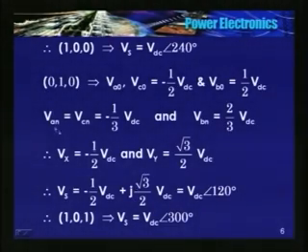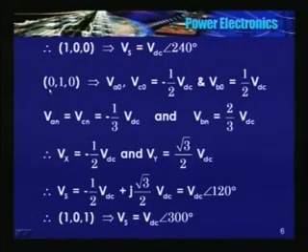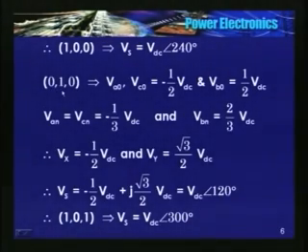So therefore the position of the space vector for 0, 1, 0 is at 120 degrees with respect to the x axis. So for 1, 0, 1, it is 120 plus 180, that is at 300 degrees.